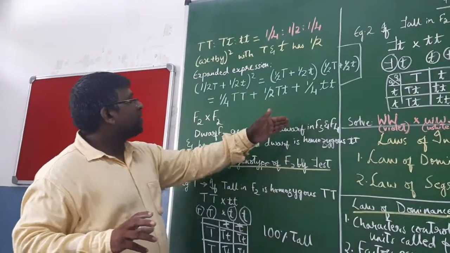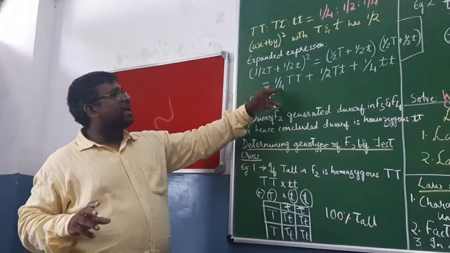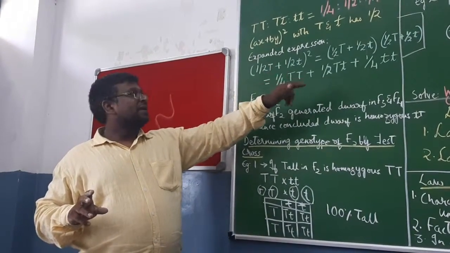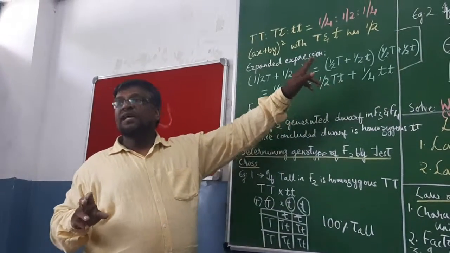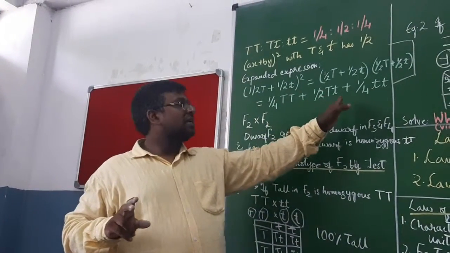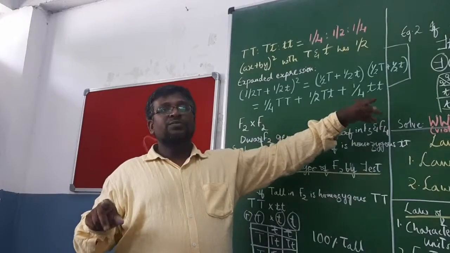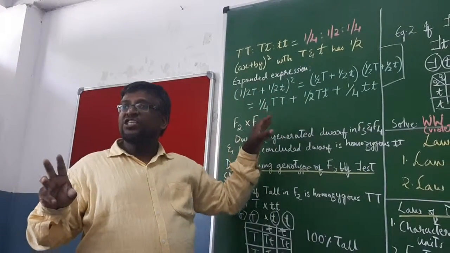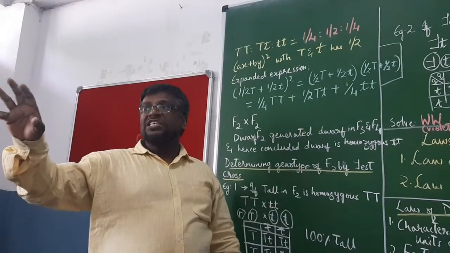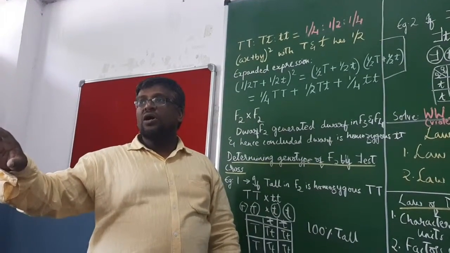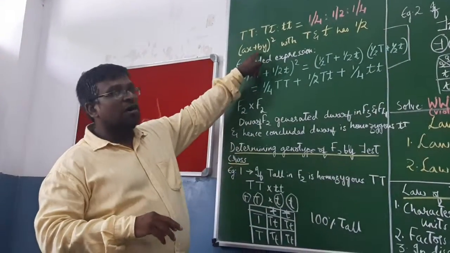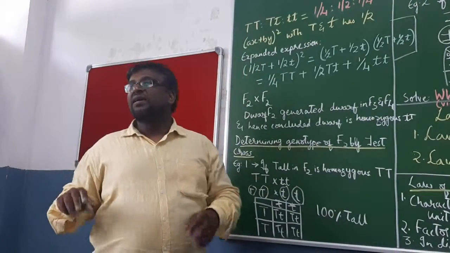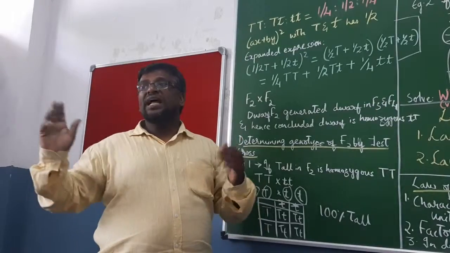When you multiply it, finally you get 1 by 4 capital T capital T plus half of capital T small t plus 1 by 4 small t small t. So this is how the phenotypic and genotypic ratio of a monohybrid cross can be represented in the form of this quadratic equation, (ax + by) whole square. This is what they have explained.